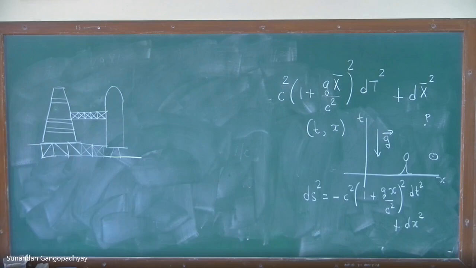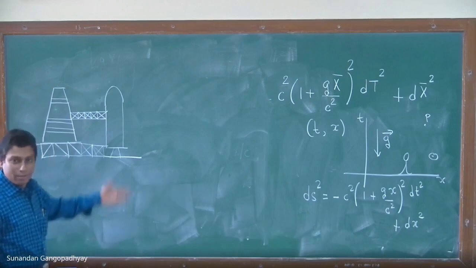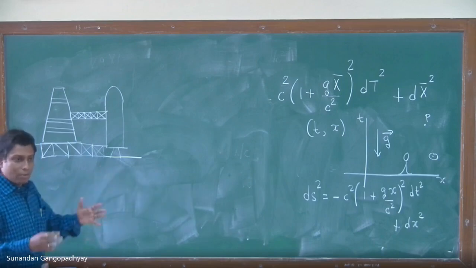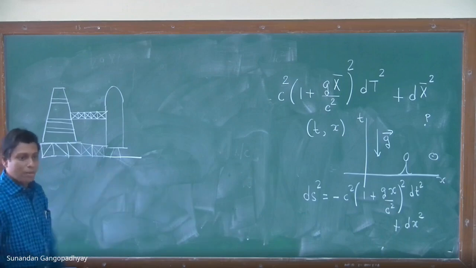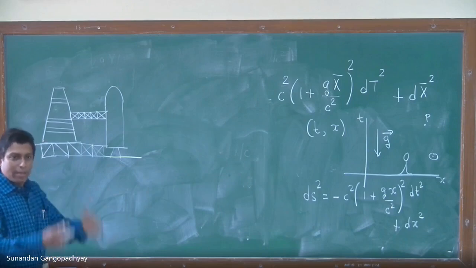I think my diagram is not that good, but you can understand this structure that you will see, and this is an engineering feat that you should appreciate. Even if you learn general relativity, you should appreciate this engineering feat, because when you want to put up rockets, a rocket must have a very nice launching pad from where it should go up.